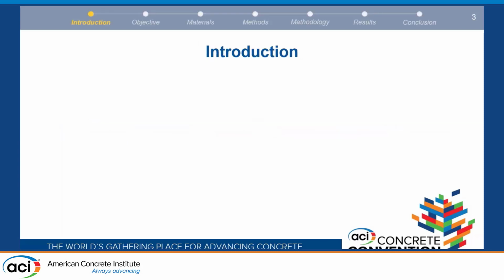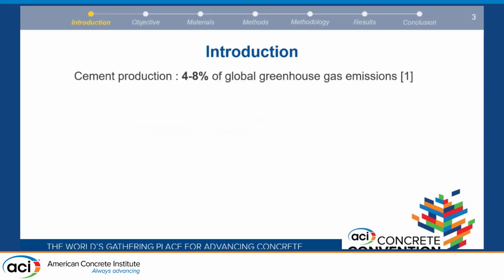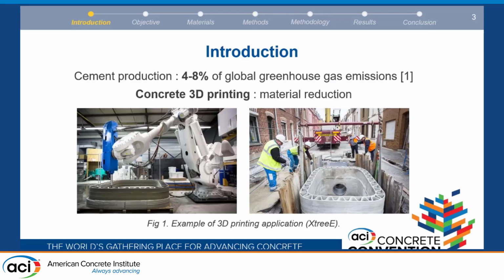So as we all know, cement production is responsible for up to 8% of global greenhouse gas emissions annually, and that's not even mentioning other categories of impact or the concrete impact as a whole. And in that regard, concrete 3D printing offers a way to increase productivity, but also to reduce manual labor.